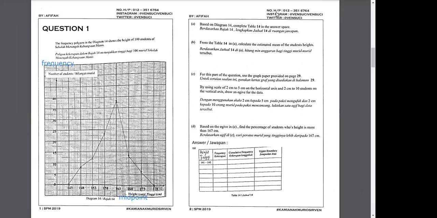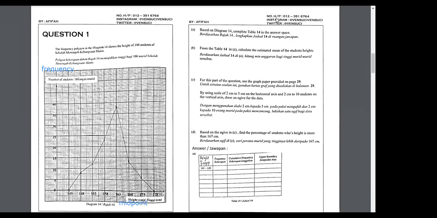For the second one, we know the range is around 5, so we add 5 to it. If you really don't know how to do it, just add 5, because if you subtract the first midpoint from the second one, it equals 5. So we just add 5 to everything. The second one is 146 to 150, and then the third one is 151 to 155, because we add 5 to each of it.